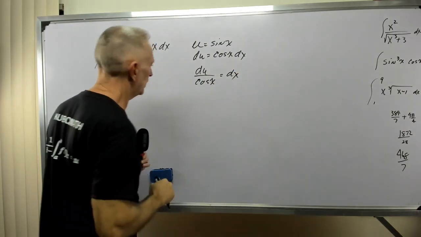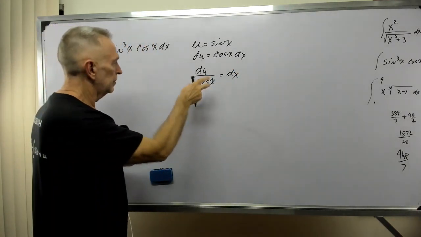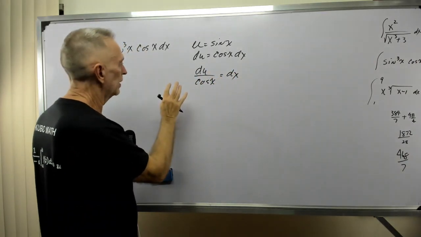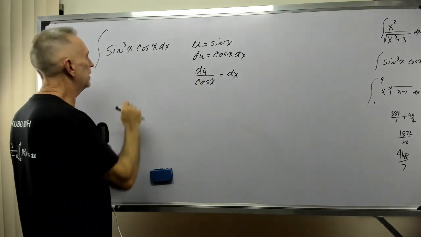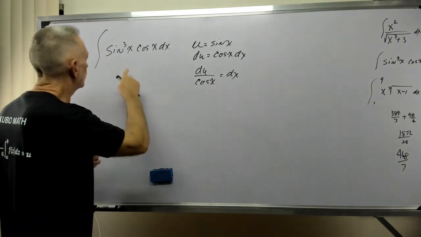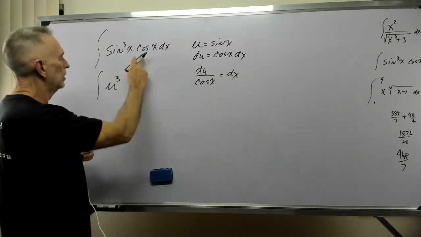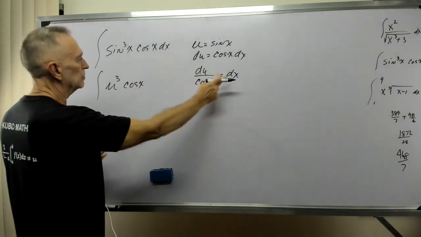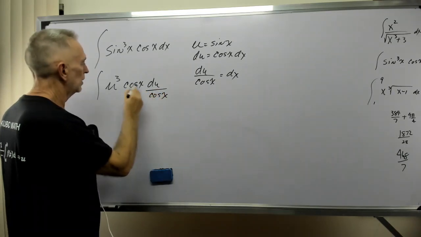Just isolated dx. Now I would highly encourage you to do this. Go ahead and say dx equals something, because then it's just a matter of subbing it in, just like we're doing with u. Now we have the integral of u cubed, and then I have cosine x dx, which dx is du over cosine x.